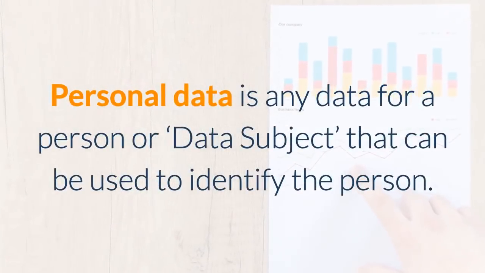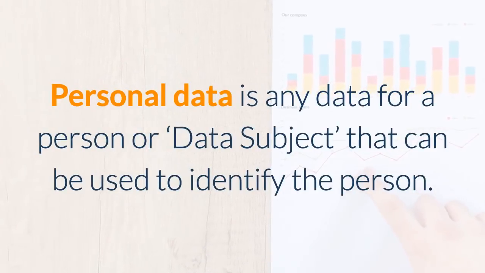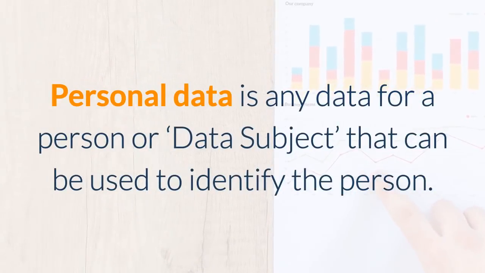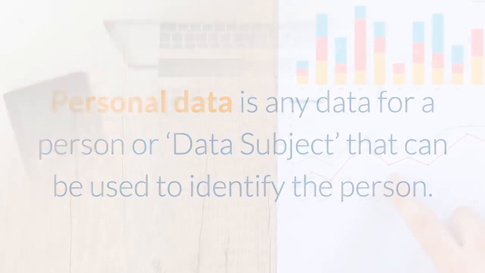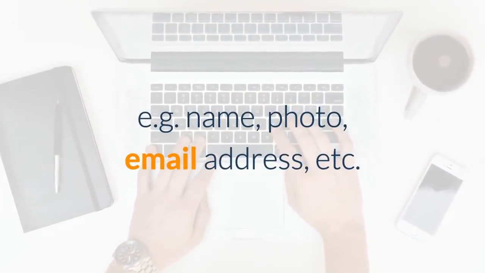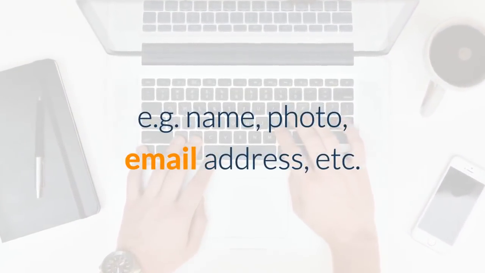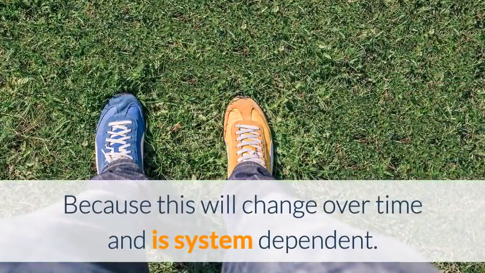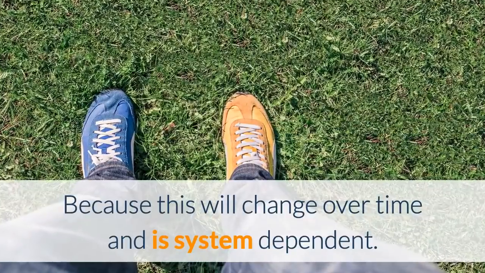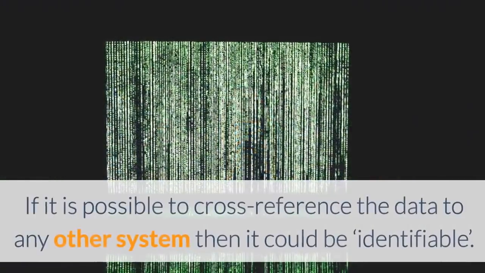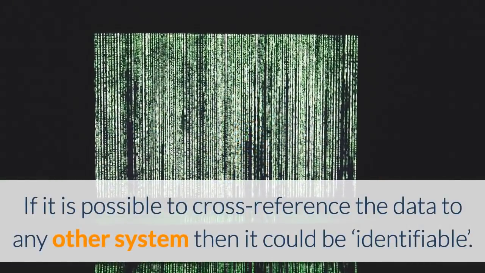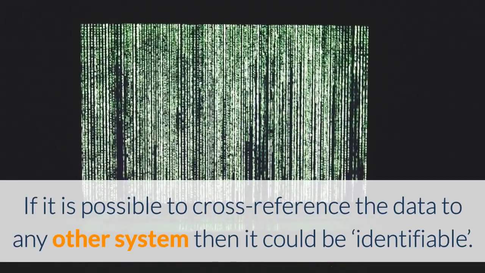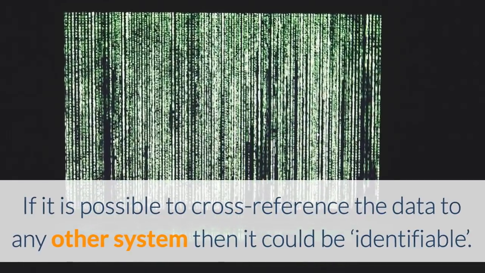So what is personal data? Personal data is any data for a person or data subject that can be used to identify the person. For example, their name, their photo, their email address, etc. And why etc.? Because this will change over time and is system dependent. If it is possible to cross-reference the data to any other system, then it could be identifiable data.